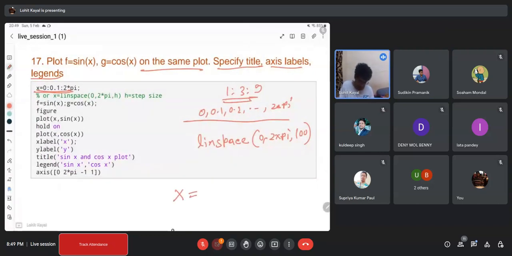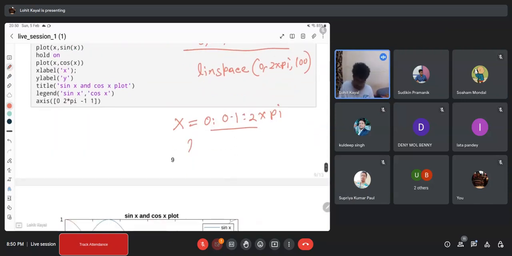So here I have written x equal to linspace 0 comma 2 pi comma h. h is not the step size, h will be the number of points. Sorry. I can write it as 0 colon 0.1 colon 2 star pi. We already know the interpretation of this.